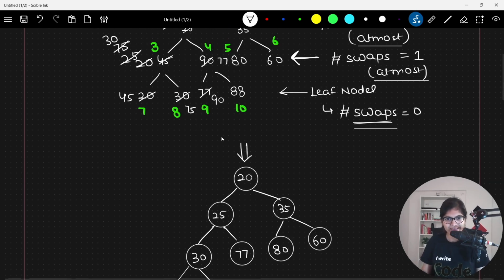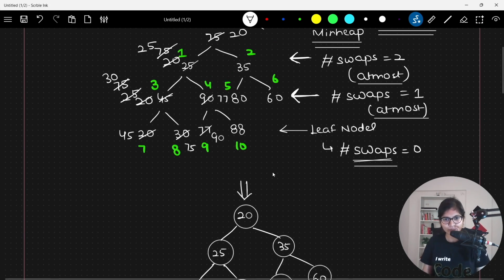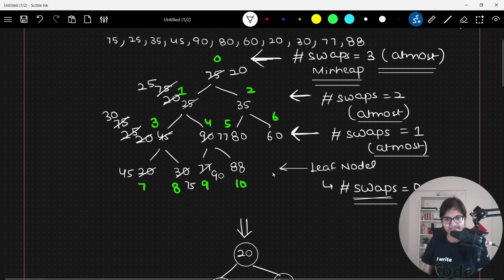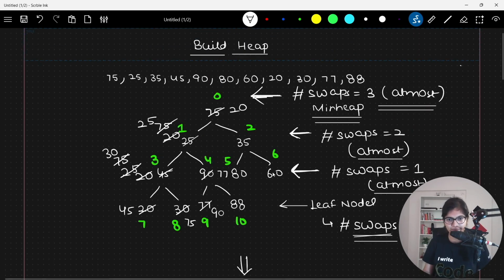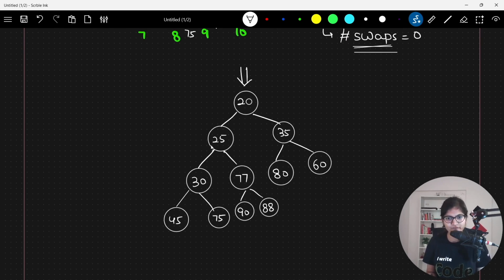After that, I have 90 and 88. So 90 is there, 88 is there, right? After that, we will have 80 and 60, that we have written, right? So here if I observe simply, 20 is less than 25 and 35. 25 is less than 30 and 77. 35 is less than 80 and 60. 30 is less than 45 and 75. 77 is less than 90 and 80.